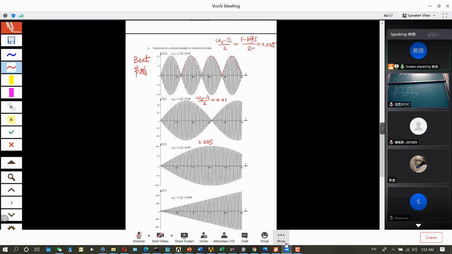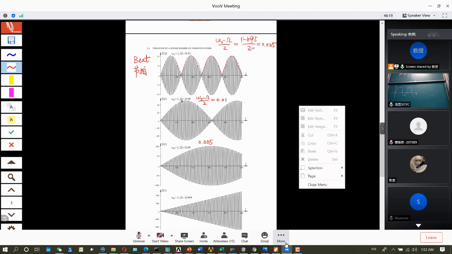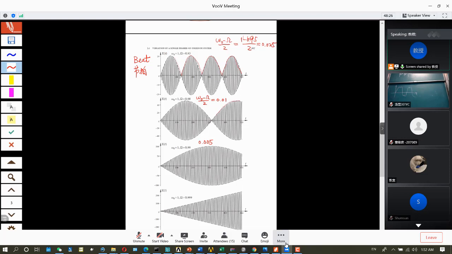Then it becomes even closer. And then when you decrease the frequency difference, this becomes very large. When they are almost the same, we have resonance.